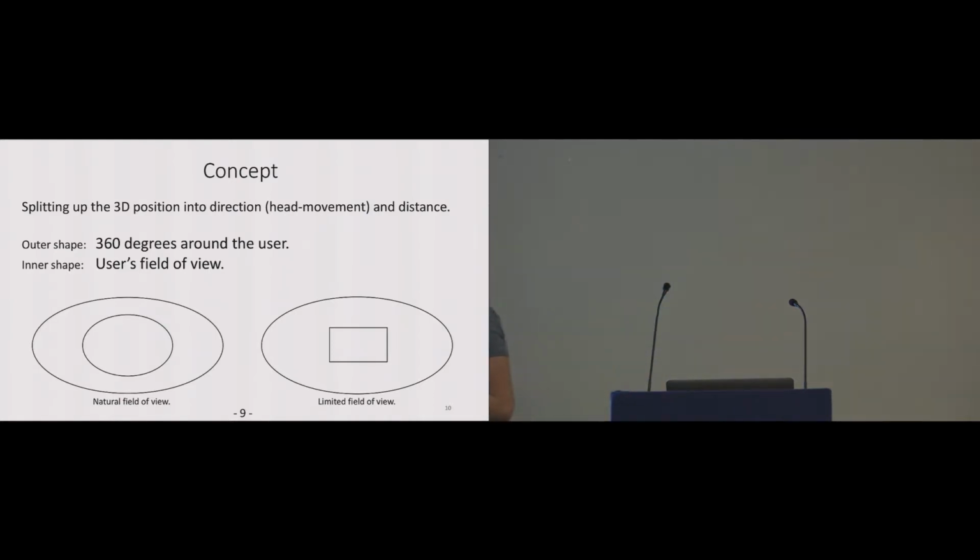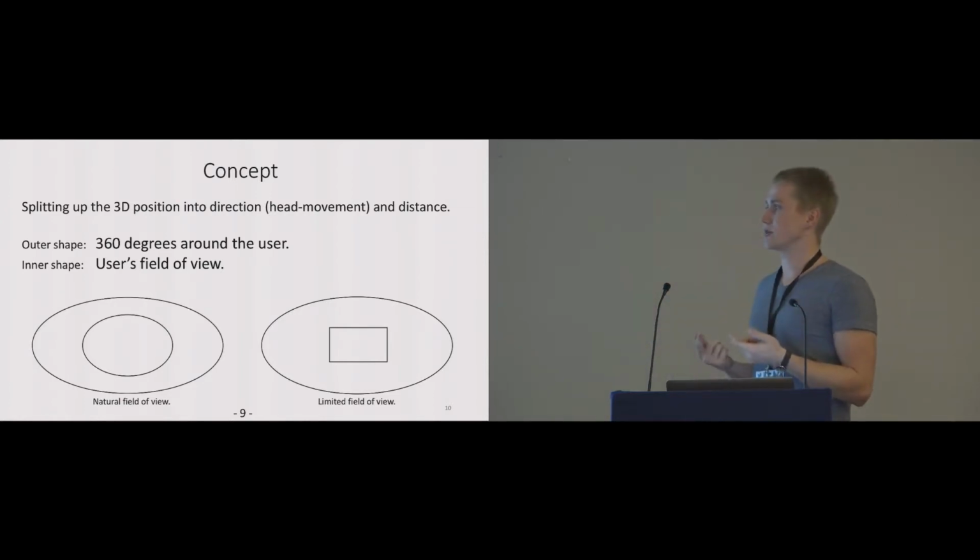And we have 90 degrees up, really above the user, or underneath the user here. In the middle we have a new shape which represents our natural field of view. So this is the part we can see. On the left side you see the natural field of view, what a human can see, 180 degrees, so it's also kind of an ellipse.